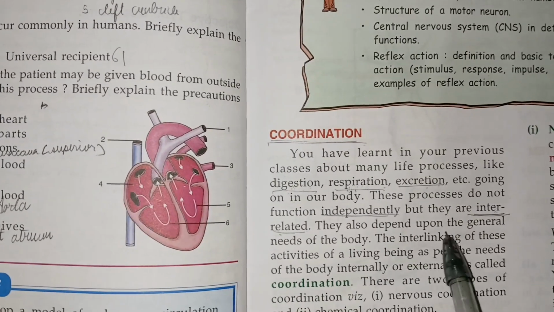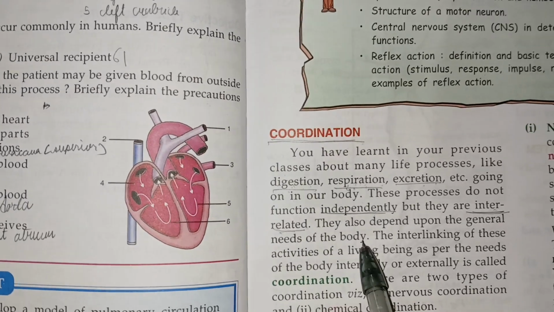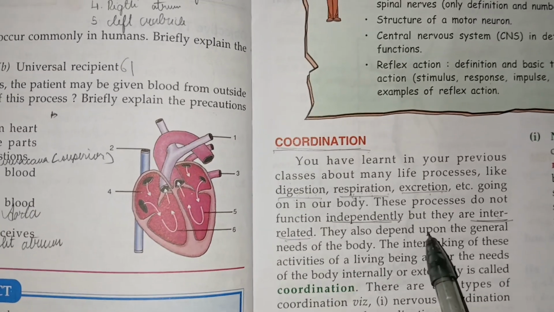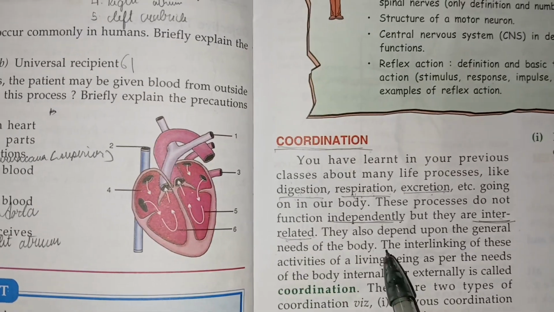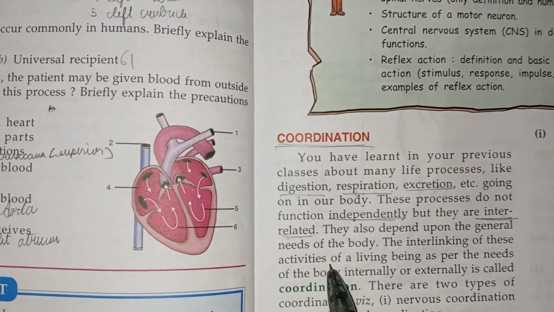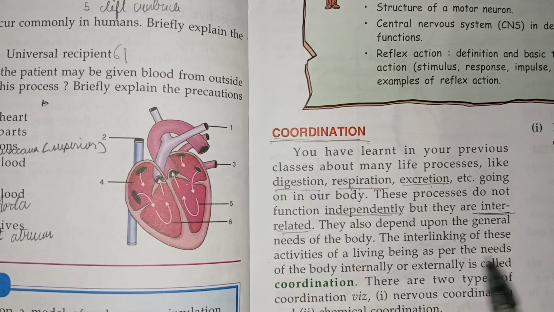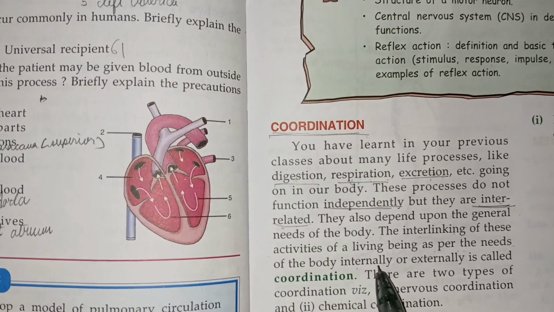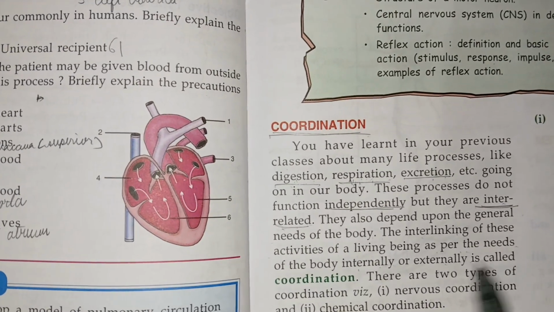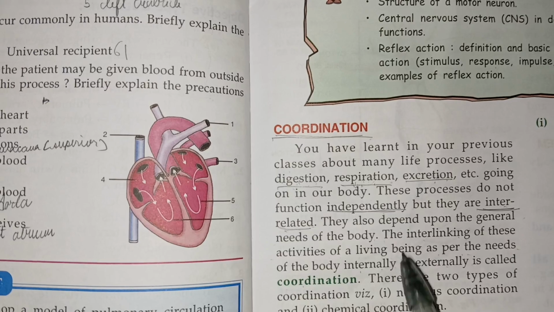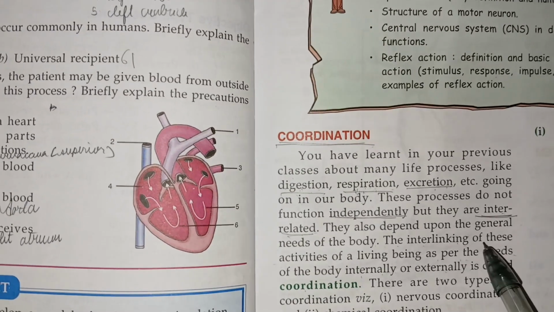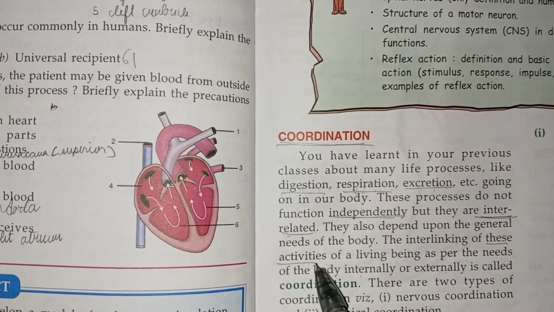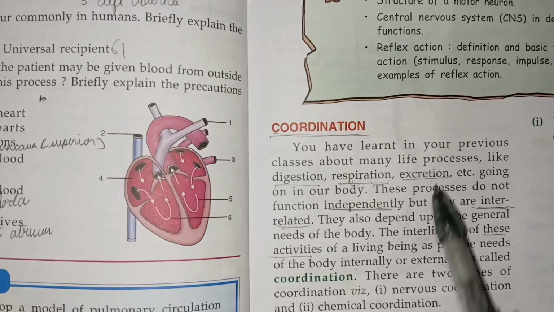They also depend upon the general needs of the body. What are those general needs? The interlinking of these activities of a living being as per the needs of the body, internally or externally, is called coordination. This is very, very important. The interlinking of these activities. What is meant by these activities? Life processes.